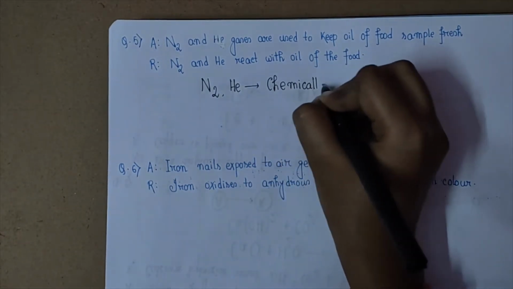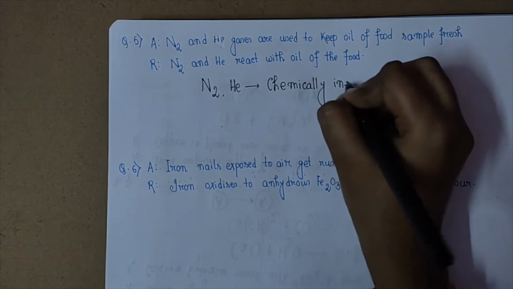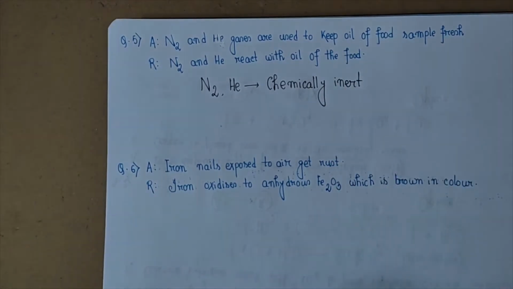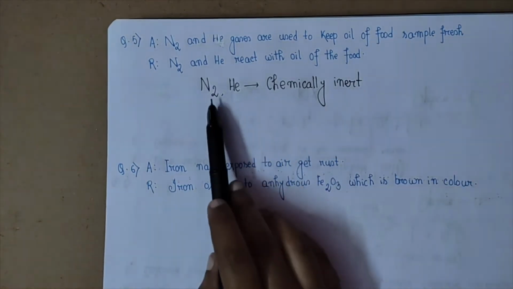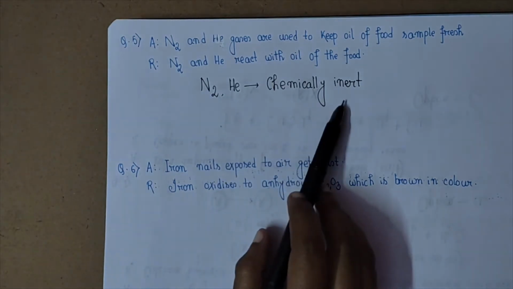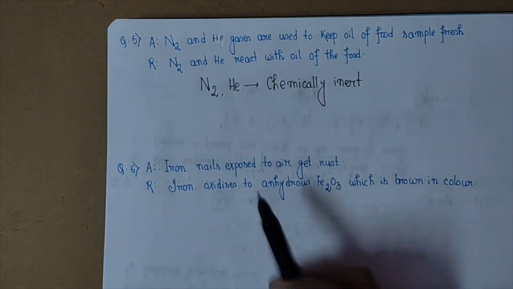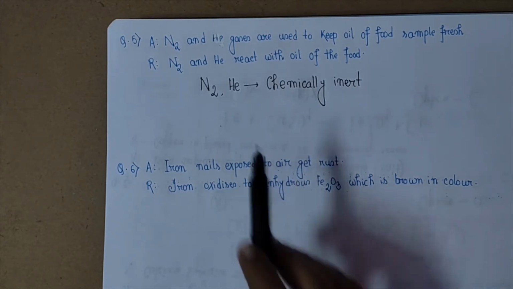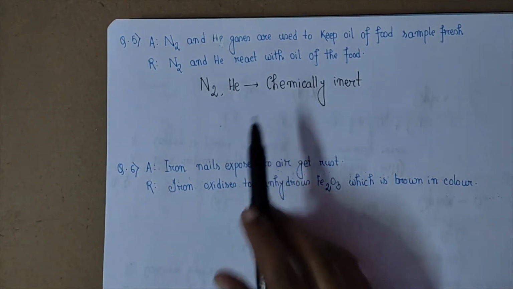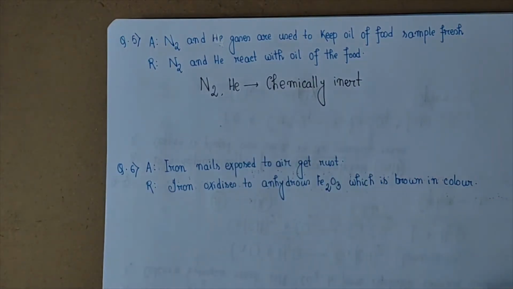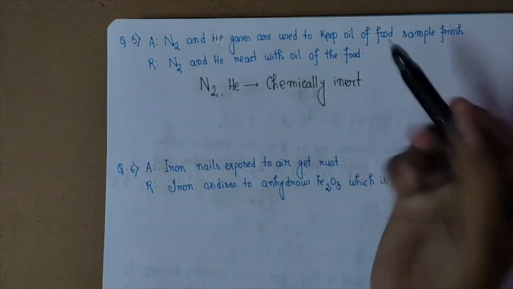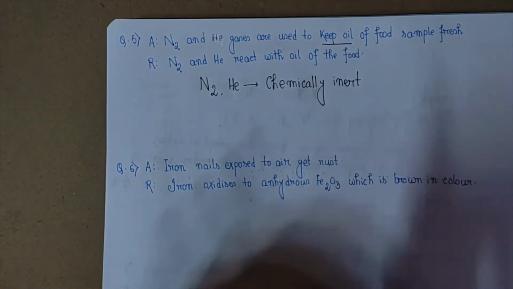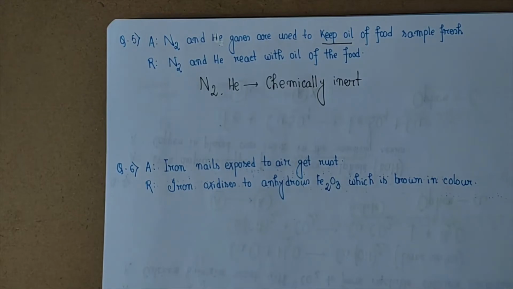That means they will not react easily. That is why nitrogen and helium gas are used to prevent the oil from getting oxidized, so the chance of rancidity gradually decreases and the taste of the food remains intact.